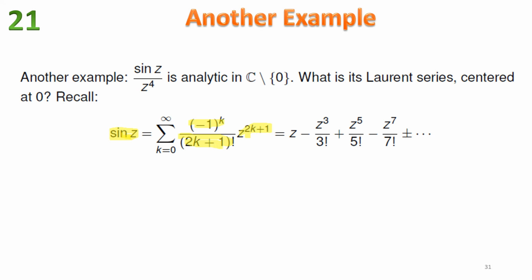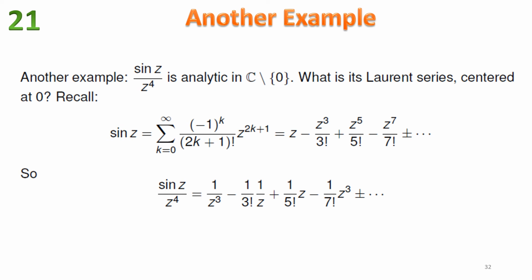Now if you roll k from 0 to infinity, you will be able to write the infinite series, which is in fact flipping signs in the alternate terms, and only the odd powers of z are prevailing. When you work out this series, it will be z minus z cube upon 3 factorial plus z to the power 5 upon 5 factorial minus z to the power 7 upon 7 factorial, and so on.